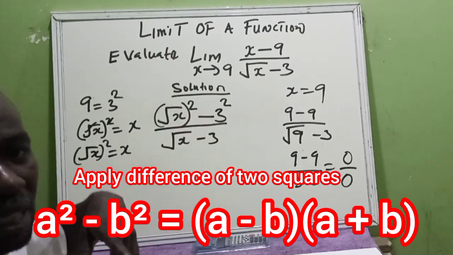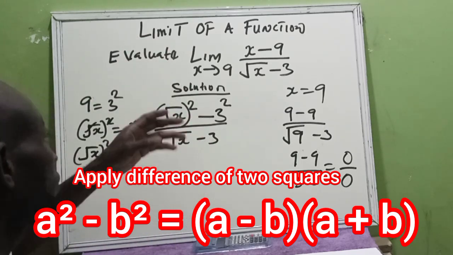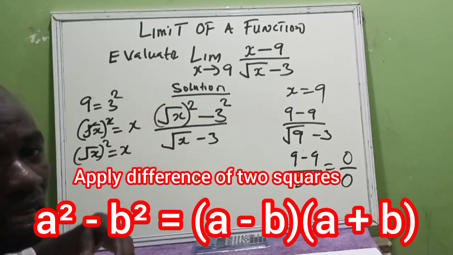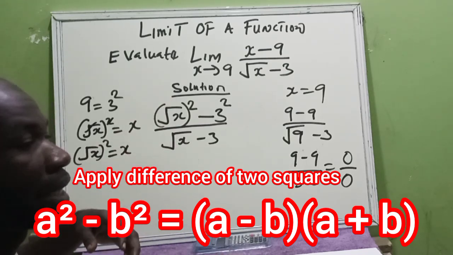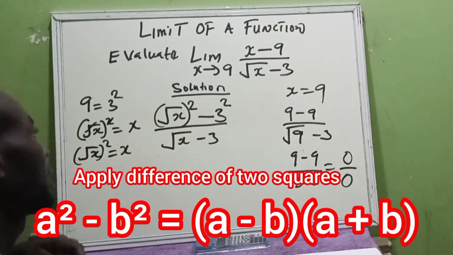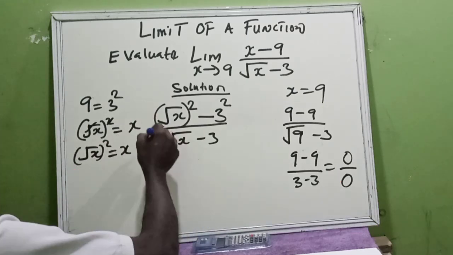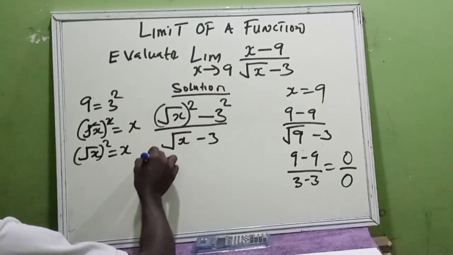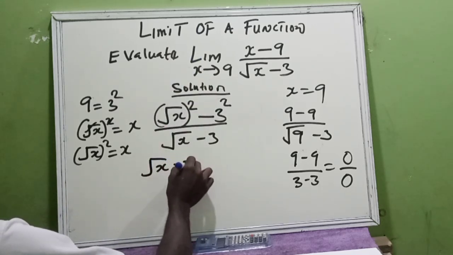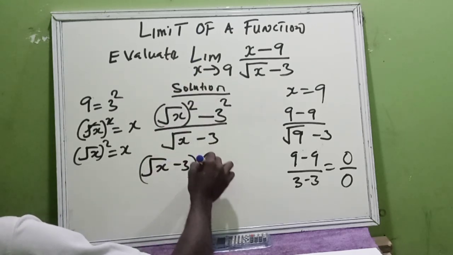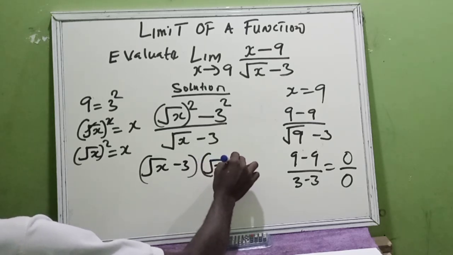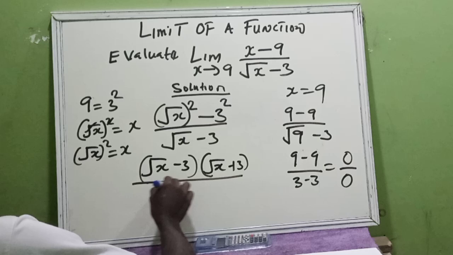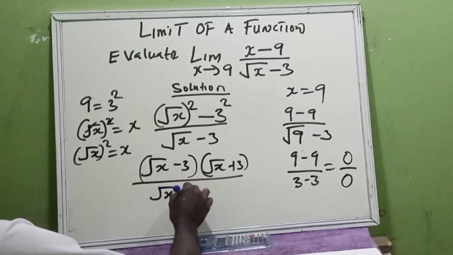Now we apply the difference of two squares, which is: a squared minus b squared is the same thing as (a minus b)(a plus b). So we apply the difference of two squares at the numerator, having (root x minus 3)(root x plus 3), all over root x minus 3.